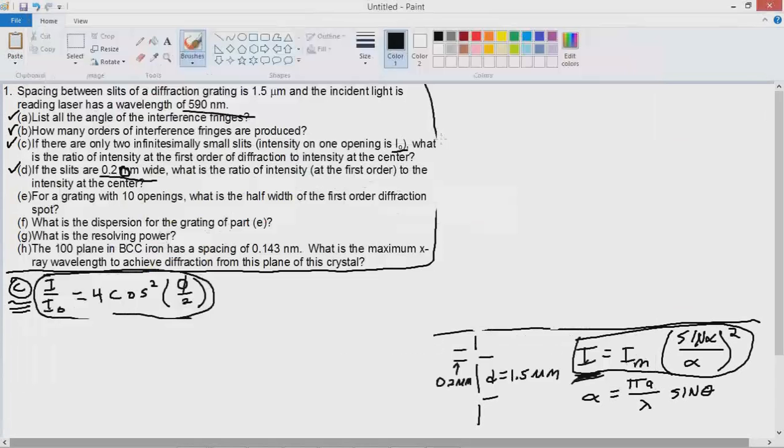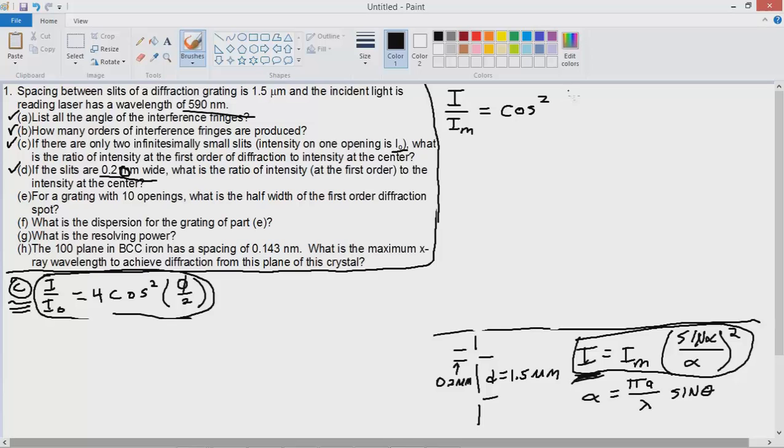Okay, I'm back. Now the formula: I over I_m equals cosine squared of beta. Halliday and Resnick calls it a new variable, beta. It is no different than phi over 2.